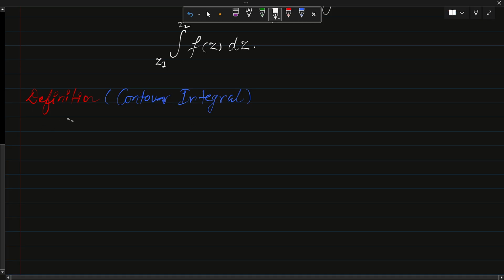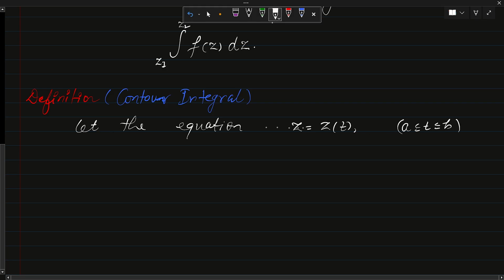Okay, so let the equation z equals z(t), where this t is running from a to b. This t is a real variable. Okay, the moment we introduce the order property, less than or greater than sign, that means it will be a real number, because order property does not hold in complex numbers.